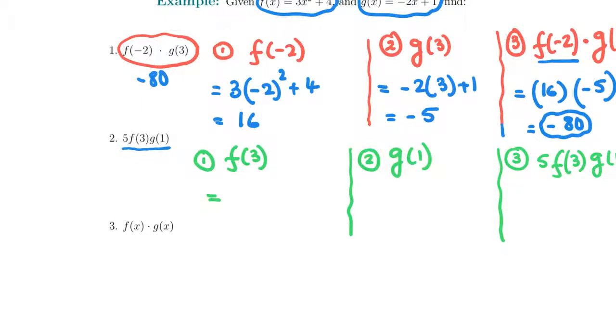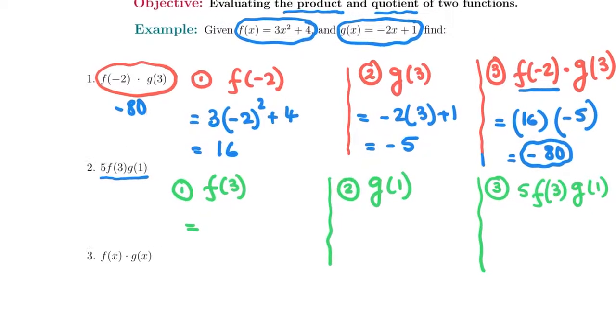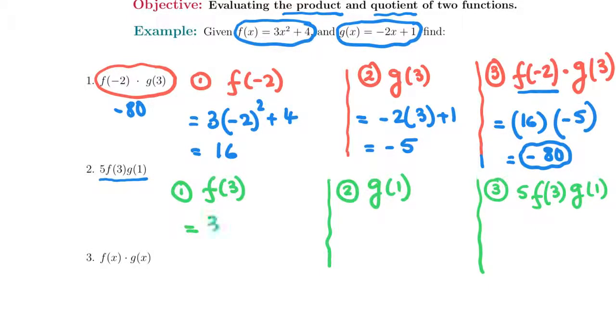Okay, so let's have a look at these 3 things. So f of 3 is 3 times 3 squared plus 4. So 3 squared is 9, times 3 is 27, plus 4 is 31. G of 1 is minus 2 times 1 plus 1, so it's minus 1.